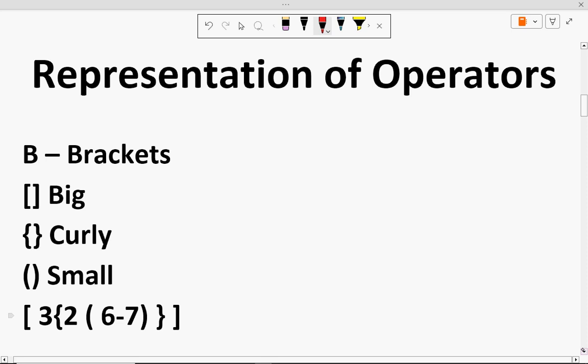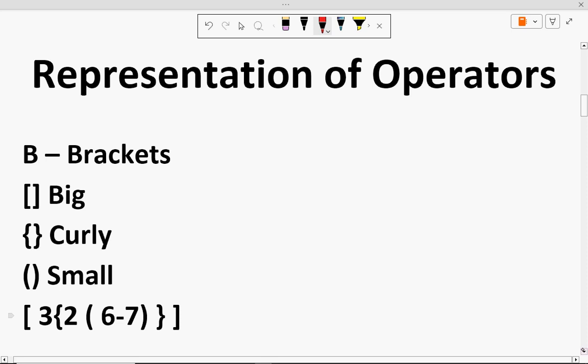Each bracket has its opening bracket, then the condition, and then the opening of the next bracket. In this case here it is the curly bracket, then the condition for this bracket, and then the opening of the small bracket and the operation to be performed, and at last all the brackets have to be closed to fulfill the conditions.